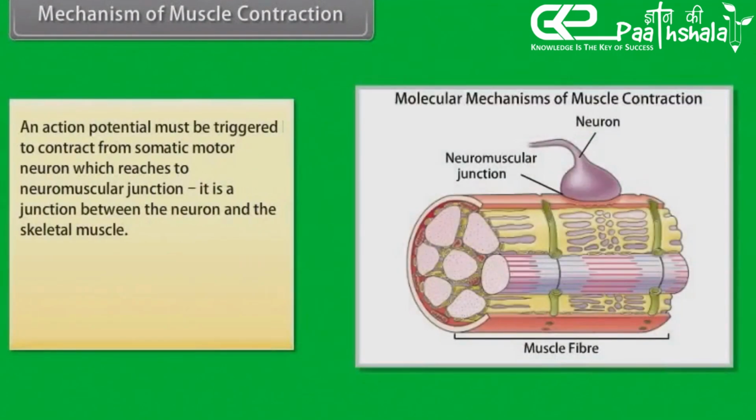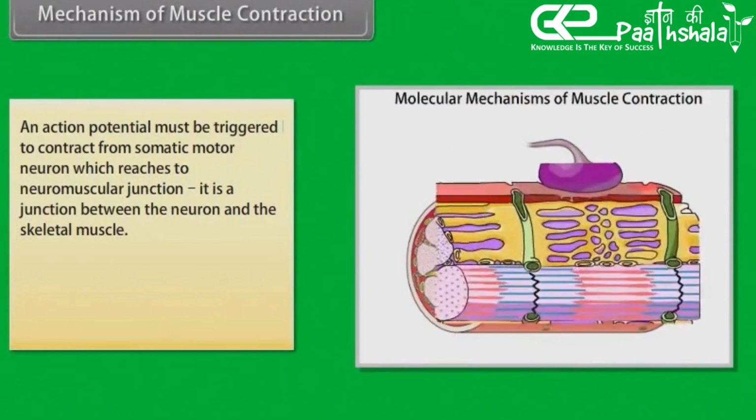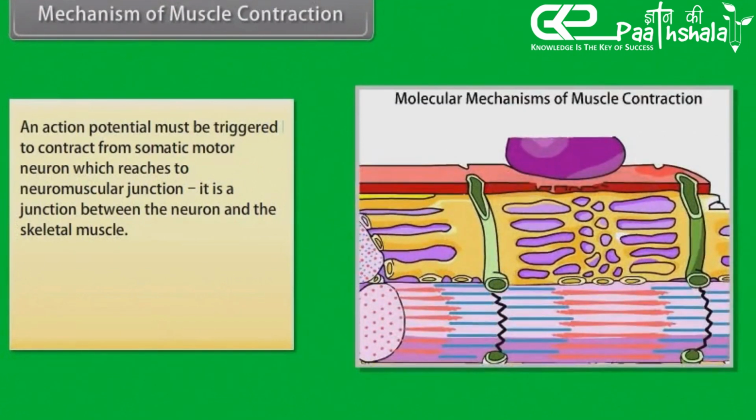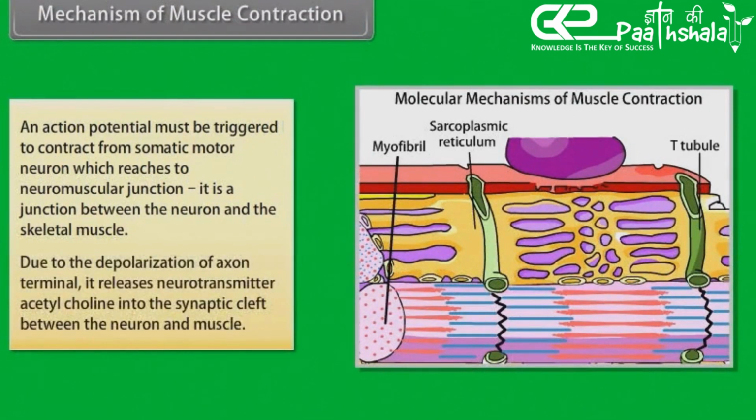An action potential must be triggered to contract from somatic motor neuron, which reaches to neuromuscular junction. It is a junction between the neuron and the skeletal muscle. Due to the depolarization of axon terminal, it releases neurotransmitter acetylcholine into the synaptic cleft between the neuron and muscle.